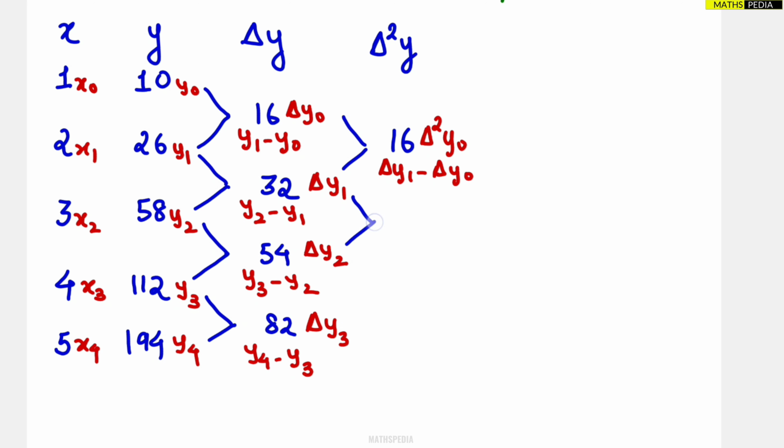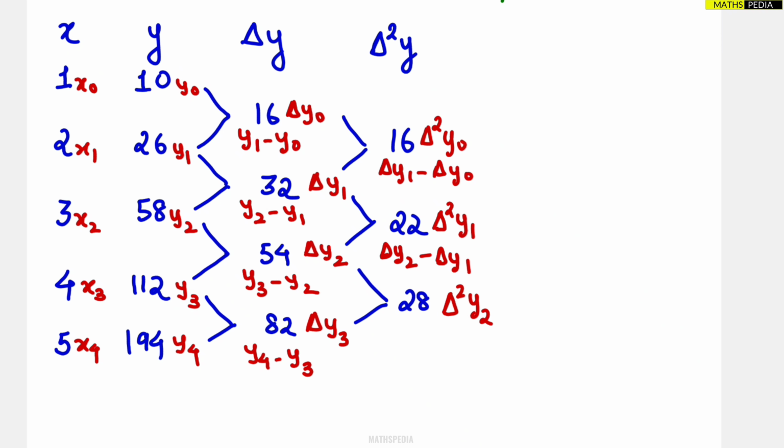Next, the difference between this and this, 54 minus 32 is 22. Delta square y1, which is delta y2 minus delta y1. Next, difference between this and this, 82 minus 54, how much we are getting? We are getting 28, and this we can write as delta square y2, which is delta y3 minus delta y2.